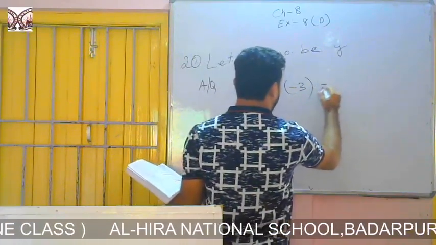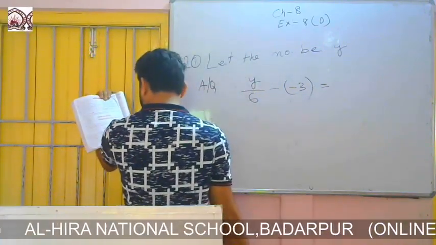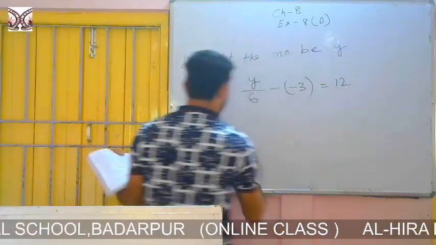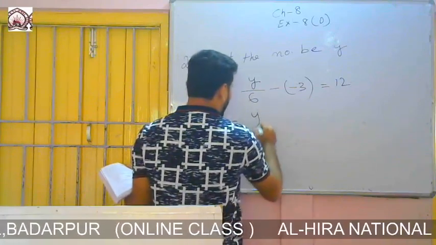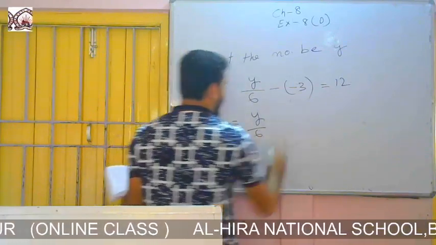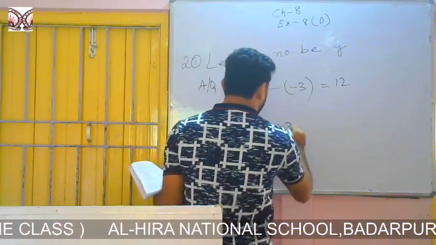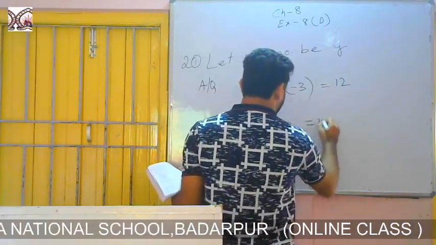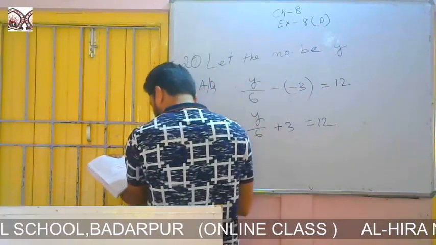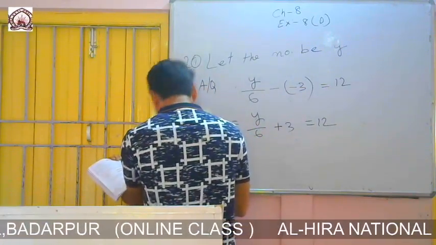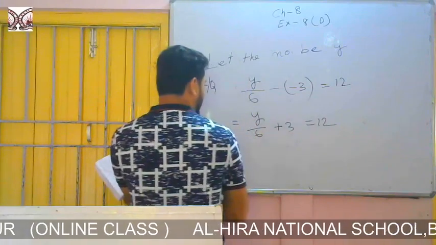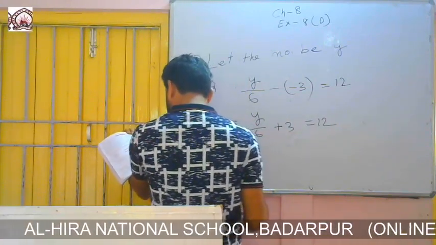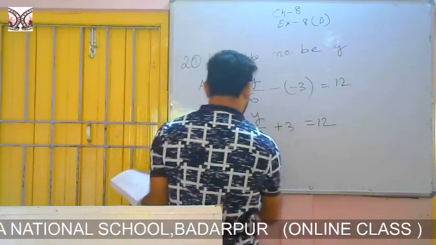Bracket. Then I can write what? 12. So the answer will be what? Y by 6 minus minus here what? Plus. Okay, equals to 12. A number divided by 6 minus minus 3.